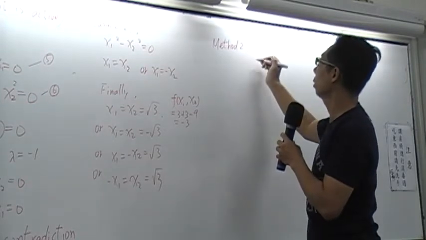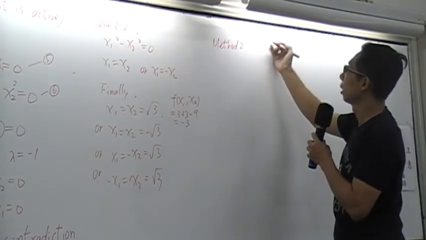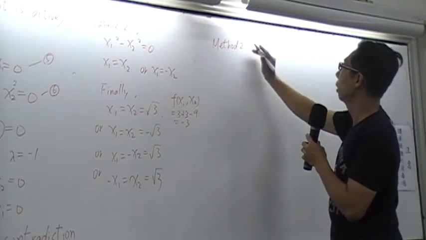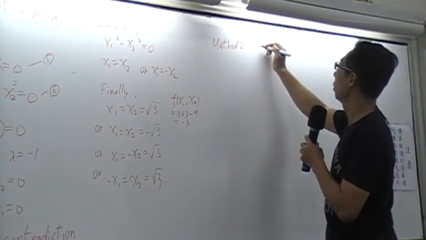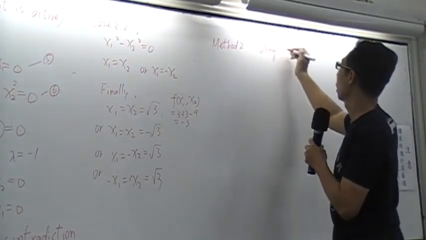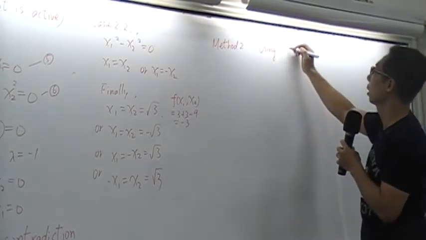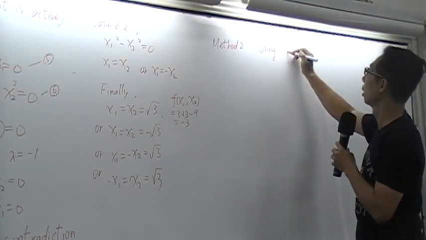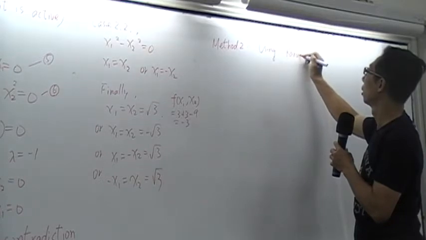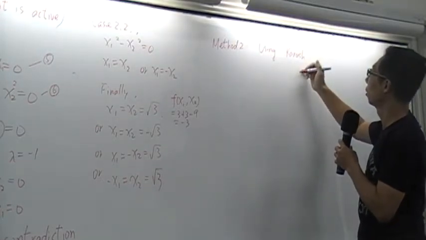Okay, so method 2. So method 2 is about using the so-called KKT conditions. Okay. Do I spell this correctly?